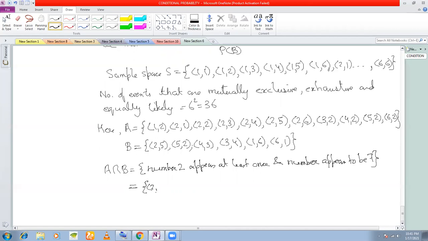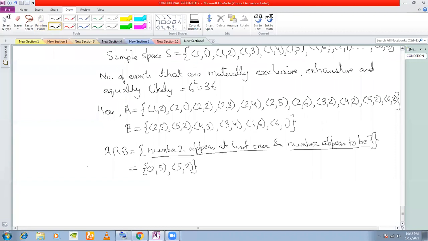Only 2 events are there, 2 comma 5 and 5 comma 2. Only these 2 events will satisfy both the conditions simultaneously. That is why intersection, or 'and', is there.